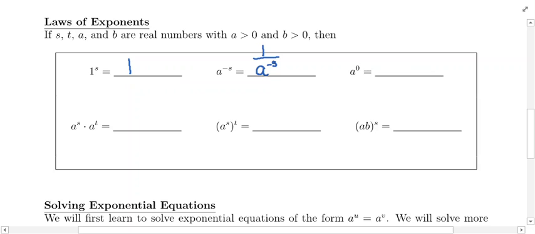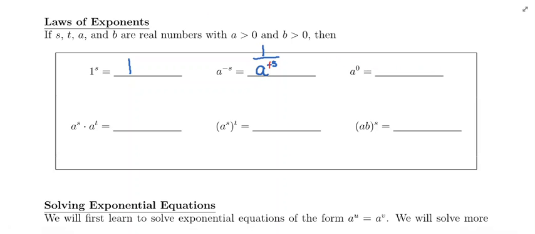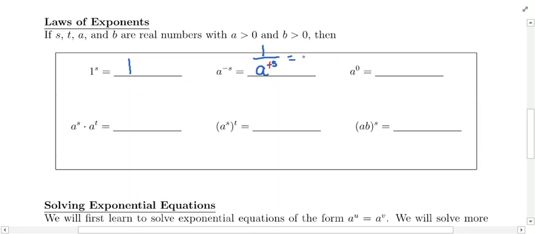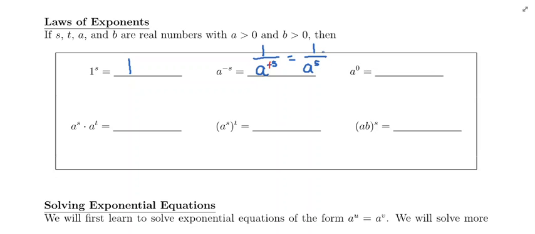So I'm going to do 1 over A to the negative S power, but then you have to change the sign of the exponent. So this whole thing becomes 1 over A to the S power. That's how you can eliminate the negative exponent.